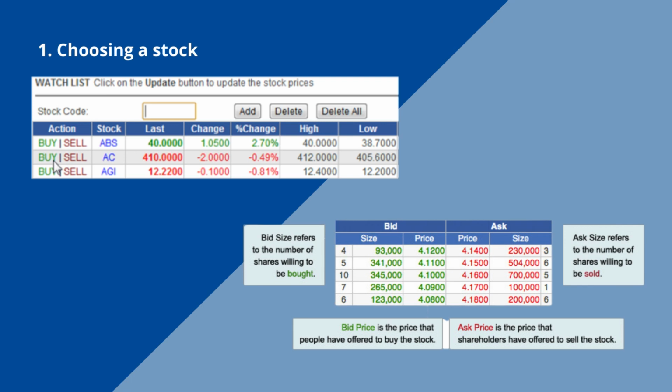ABS refers to the ABS-CBN Corporation, AC refers to Ayala Corporation, and AGI refers to Alliance Global Group Incorporated. There's a much wider list on the website, or you can check PSE for listed companies.